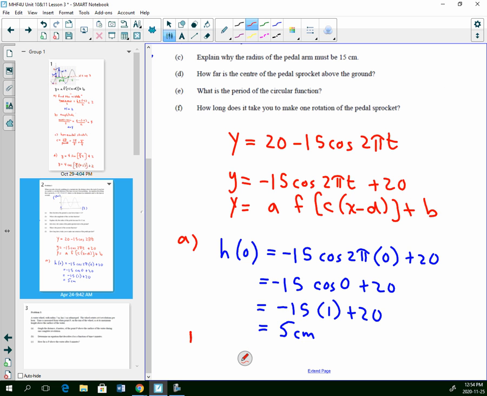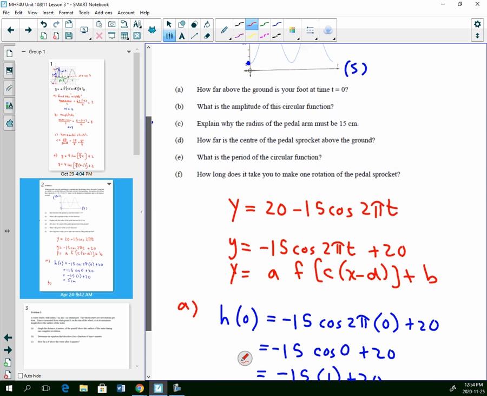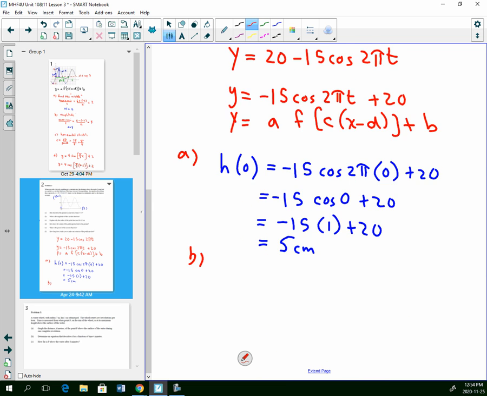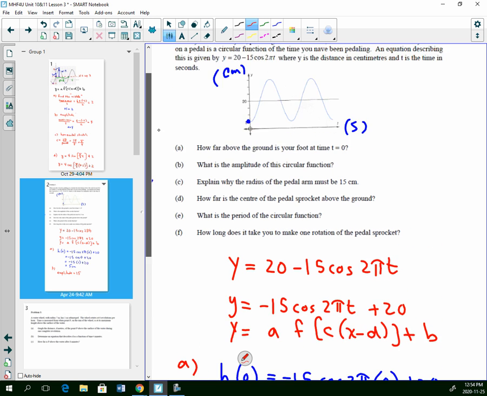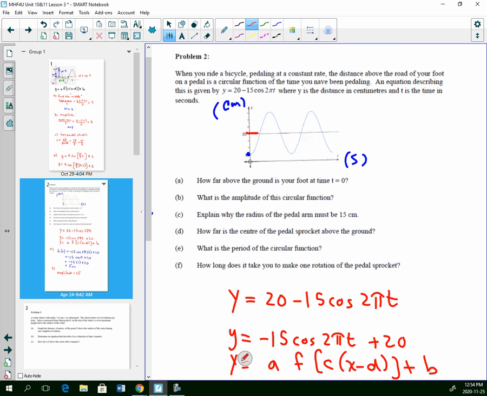Okay, B says, what is the amplitude of this function? Well, the amplitude is the a value, so from the equation I can see it's 15. From the graph I could see, well, this is 20 and this is 5, so I can see from the graph it's also 15.